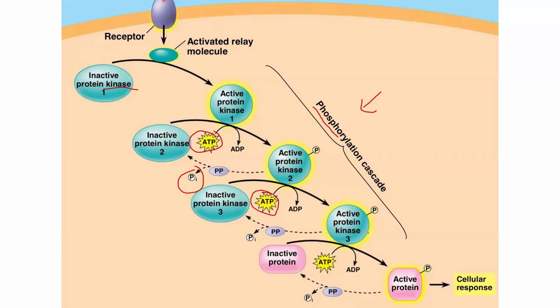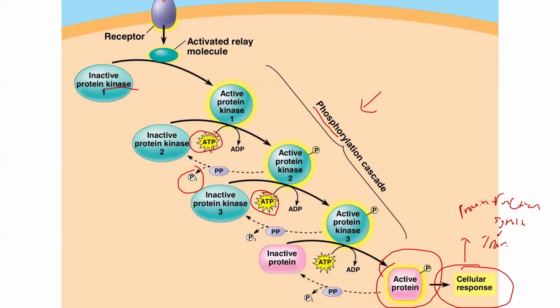And eventually you get to what we call the active target, whether that be a transcription factor or a protein of interest, and then you get a subsequent cellular response. And again, this can either be by protein function, or synthesis by way of transcription.